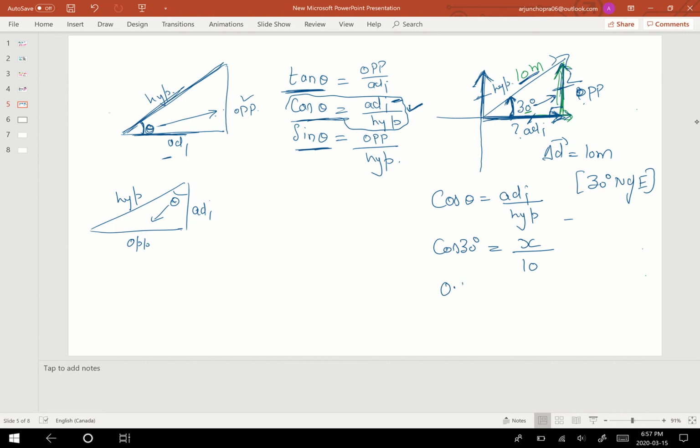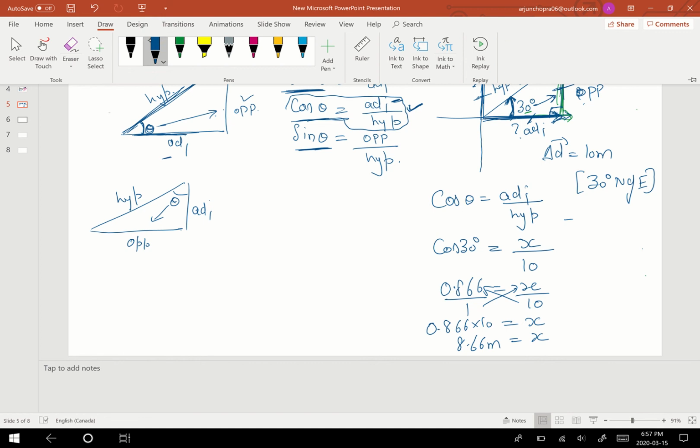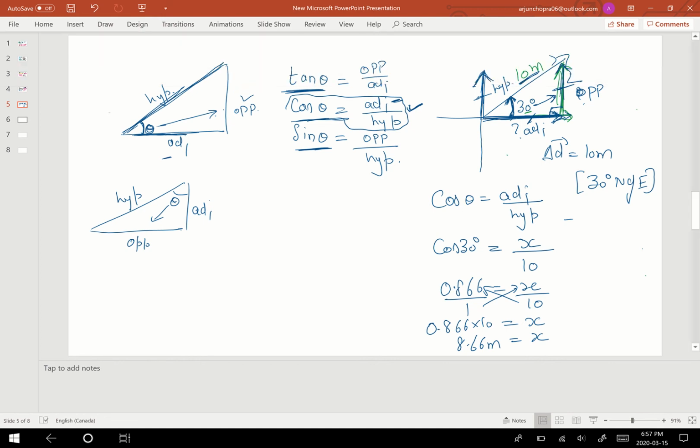Cosine 30 is 0.866, equal to x upon 10. If there is nothing in the denominator, we put 1 and cross multiply: 1 times x is x, and 0.866 times 10 is equal to 8.66 meters. So we figured out the displacement in the x direction: this adjacent side is 8.66 meters. In the x direction, the person has covered 8.66 meters.